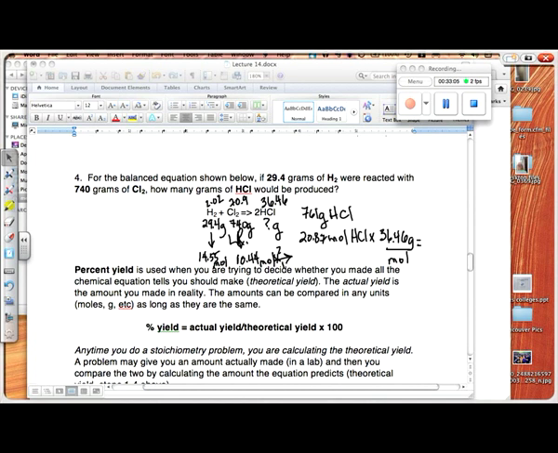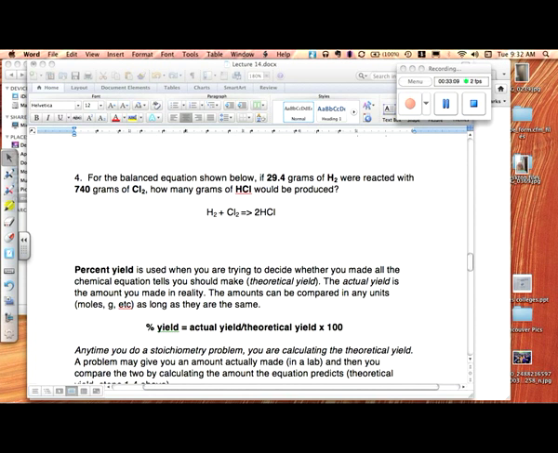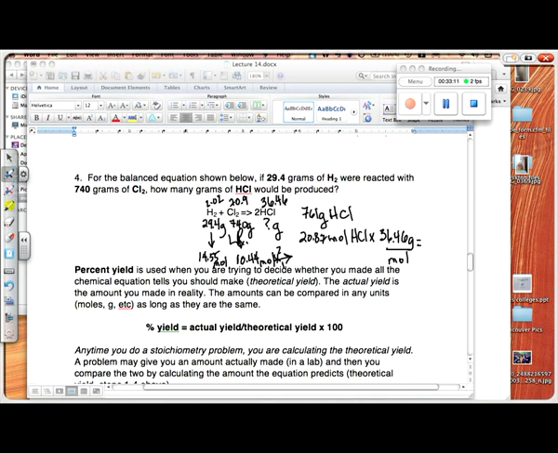Before I leave this, let me just say that what we have done every time we have calculated a problem so far is we have gotten what is called the theoretical yield. That is the yield on paper, that if everything were perfect, that's what you would get.